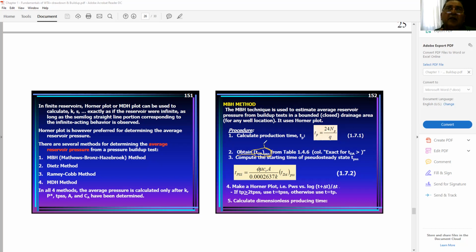And this time is calculated based on the area of the reservoir. This is why it is written TDA. When we have TDA, this should be the dimensionless time calculated based on the area of the reservoir.